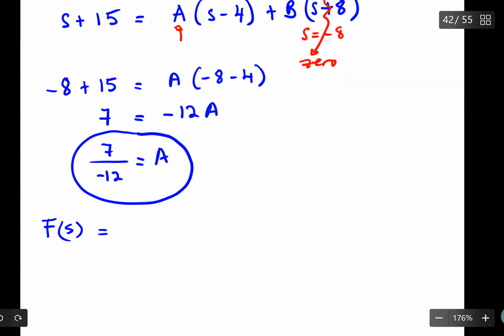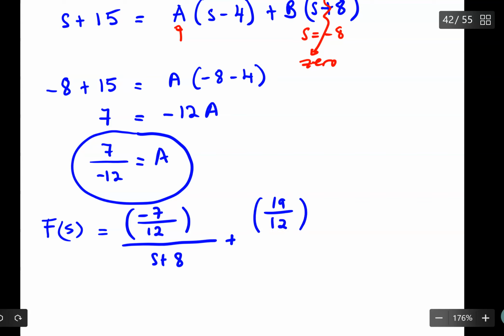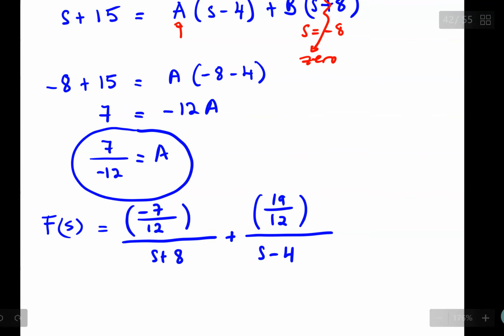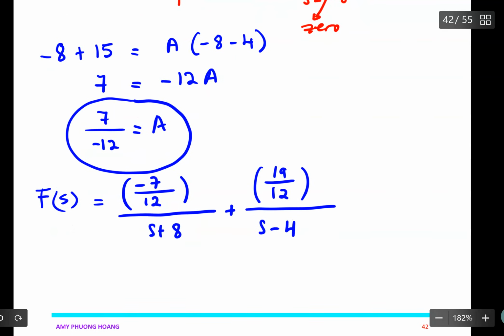So now at this point, I can write F of s equal to negative 7 divided by 12, all of it divided by s plus 8, plus B, which is 19 over 12, all of it divided by s minus 4. Okay, so let's take a look at what transform we have to use for this statement.